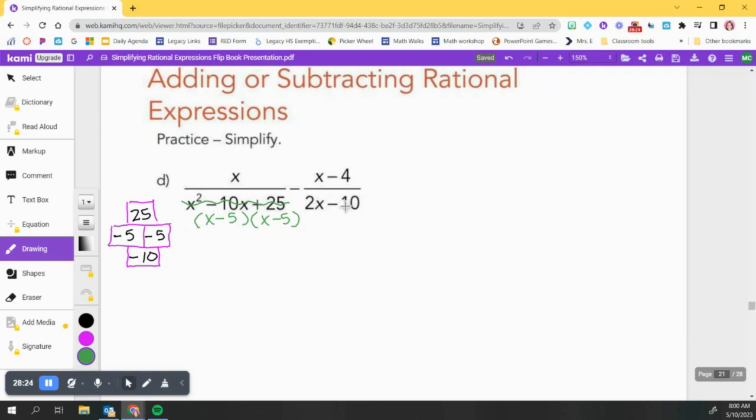Over here, just 2 terms. What do you notice they have in common? They have a common factor. They have a GCF of 2. So if I divide 2x by 2, I'm left with an x. I divide -10 by 2, I'm left with a -5.